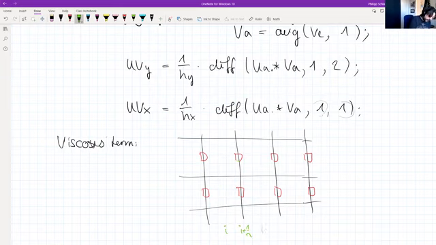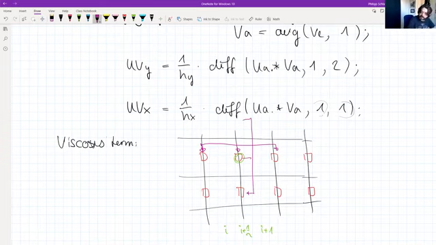This is I plus 1. Well, the derivative in this point would then essentially be a central difference between these two points. And of course, in the y direction, it would be kind of like this.